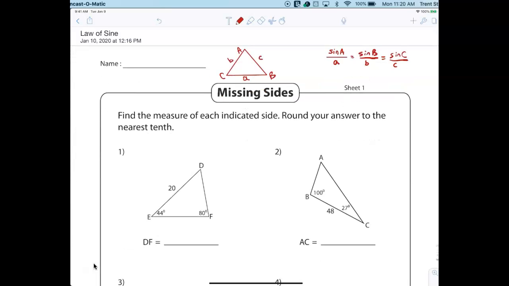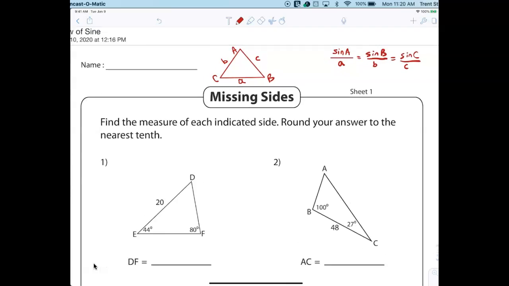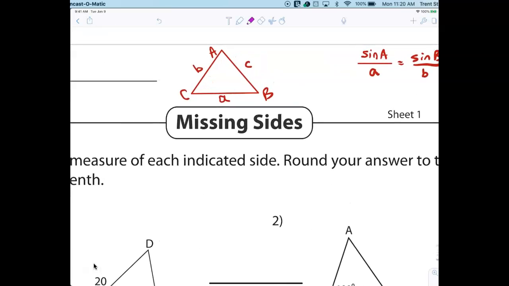To figure out if you use law of sines or law of cosines, remember this. Whenever they give you an angle and its opposite side, it's always law of sines.